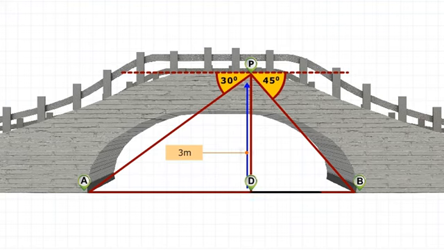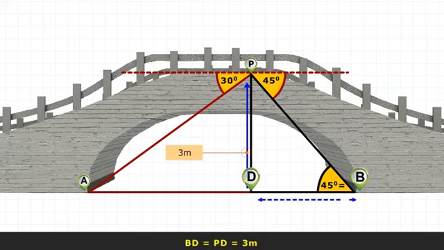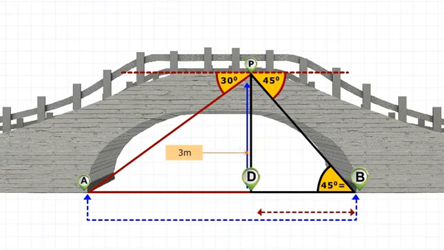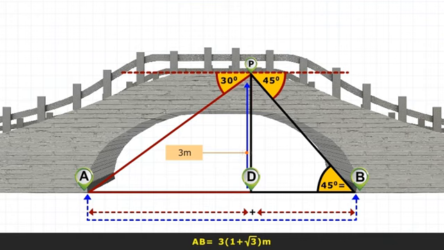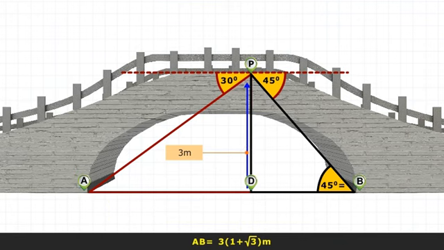In right triangle PBD, angle B equals 45 degrees. So BD equals PD equals 3 meters. AB equals BD plus AD, which equals 3 plus 3 root 3 meters.